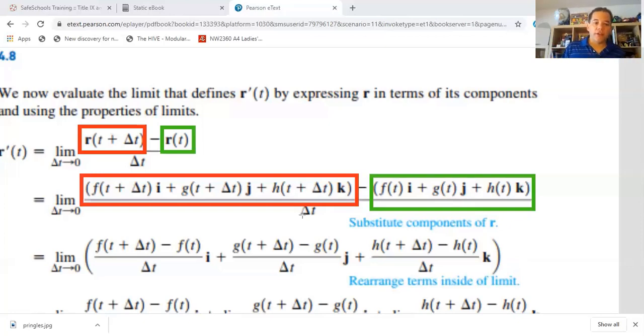Good. So the next thing you want to do is combine the ones that go together. Over here, you combine the ones that have i's. So f of t plus delta t and f of t both have i's. In other words, you put these together.